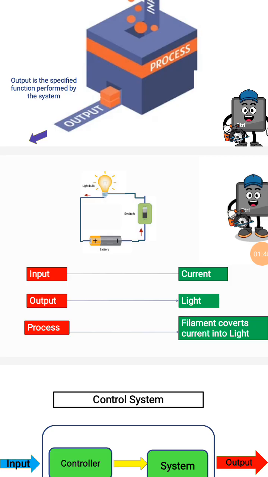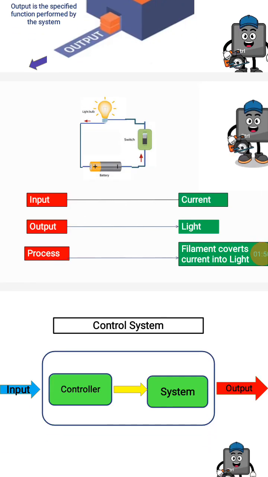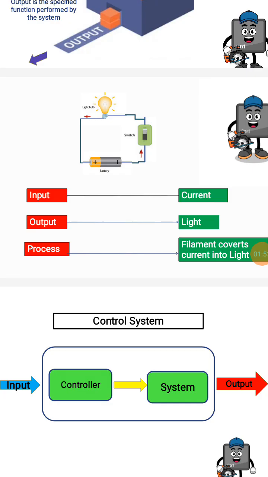Next I wish to explain the control system. This is the block diagram of a control system. There are two blocks here, one is the controller and one is the system block. Here you see the input is not given directly to the system block. The input is given to the controller. The controller generates the control signal that is given to the system.